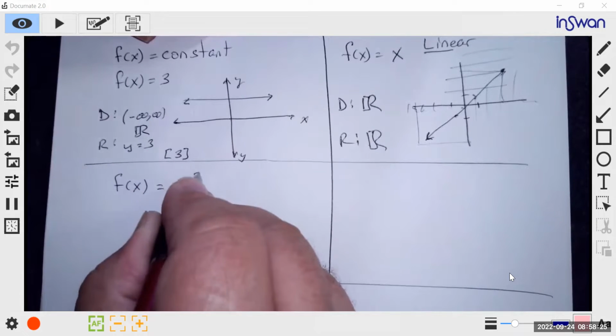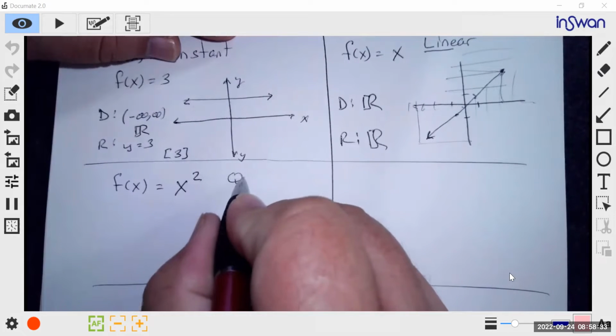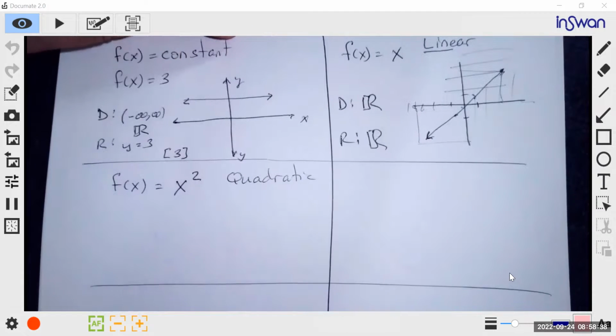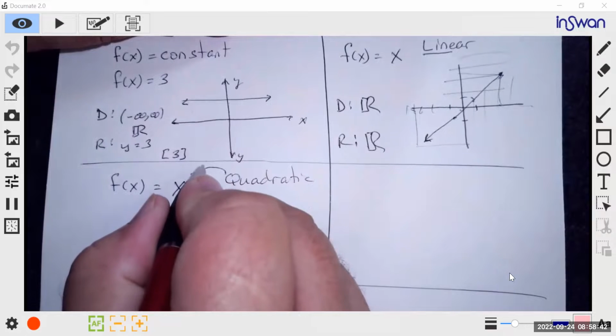Next one, f of x equals x squared. This is called a quadratic equation. It's called a quadratic because it has a power 2.